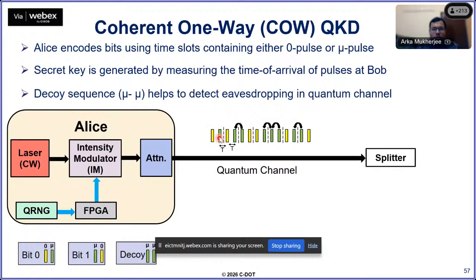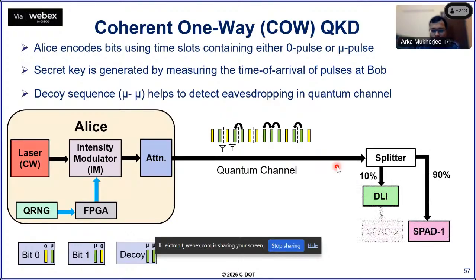You can see that this is again a bit zero, then again zero, then one, and then this is the decoy sequence, right? There are two green. So that's how it is being sent over a quantum channel, that may be an optical fiber, to Bob. Now see what is there inside Bob. I think the Alice part is clear. So this is the internal constituents of the Alice node for the coherent one-way protocol.